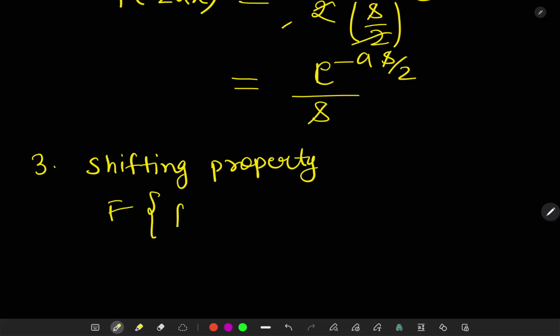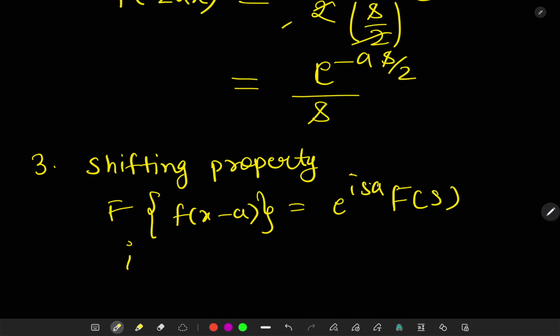Now Fourier transform of f of x minus a equals e raised to power iota s a f of s. If here there is a plus sign, so we can write here minus iota s a f of s.